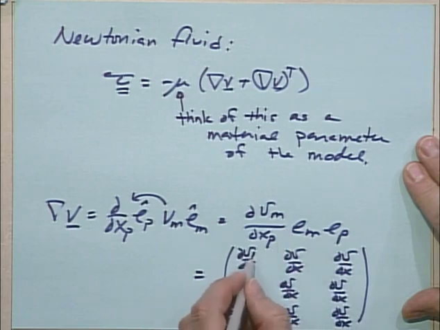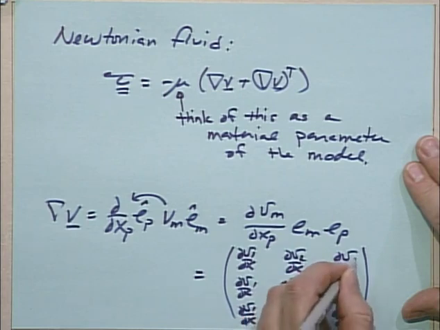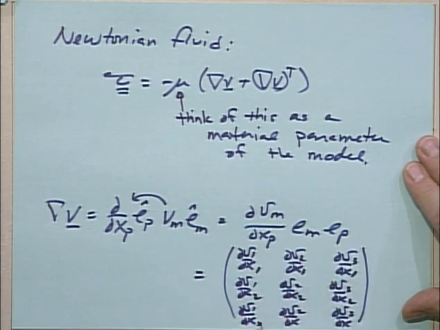So these are V1, V2, V3, and the rows are x1, x2, and x3.